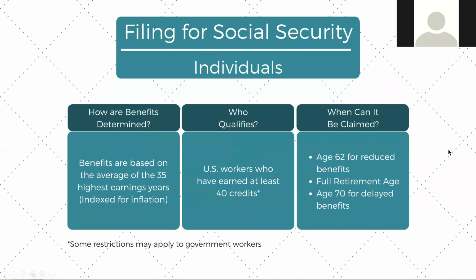So this slide is just a quick recap. However, for many people, you may be eligible for more than just a benefit based on your own work record. You may also be eligible for a benefit based on a spouse's work record, or an ex-spouse's work record, or a deceased spouse's work record. So we're going to talk about those scenarios here.